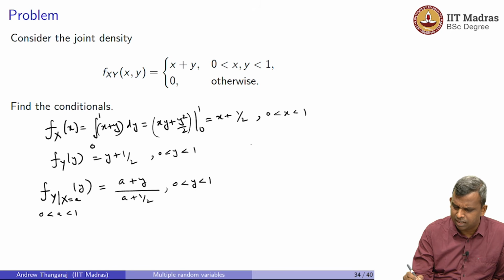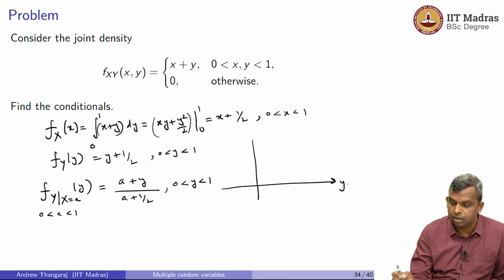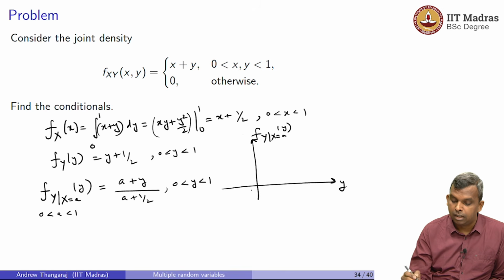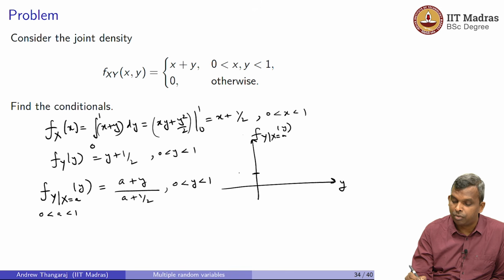So, let us try and sketch this. So, this is a bit interesting, isn't it? So, if you look at y here and you sketch f y given x equal to a of y, at y equals 0, it is going to be a by a plus half, and it is a linear function, it goes from 0 to 1.